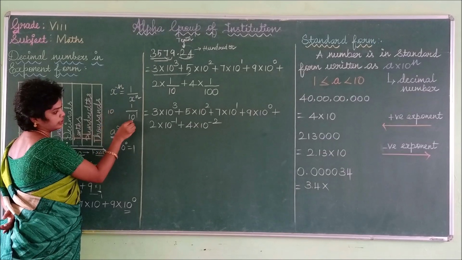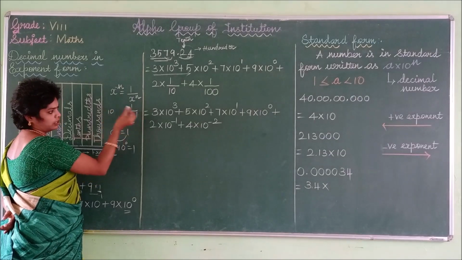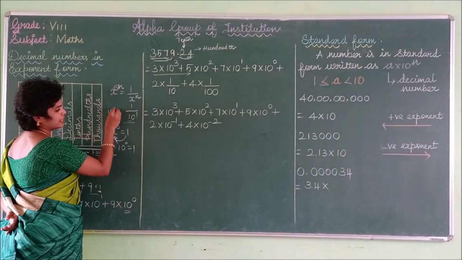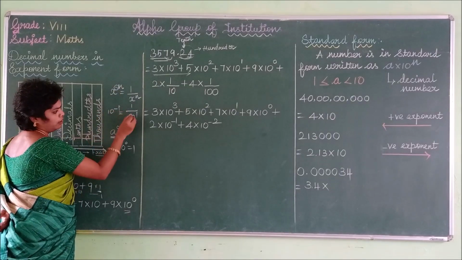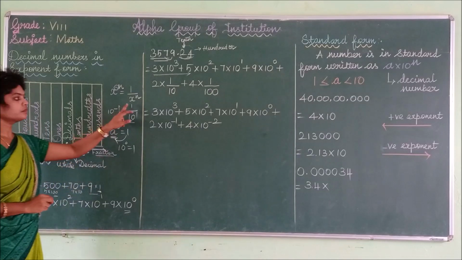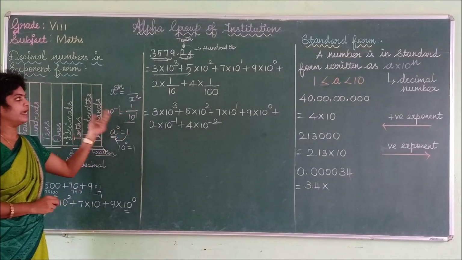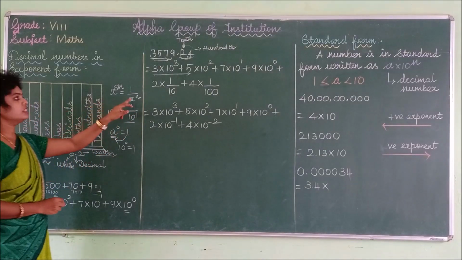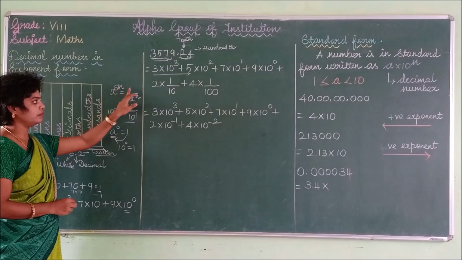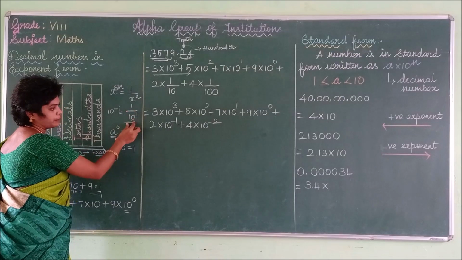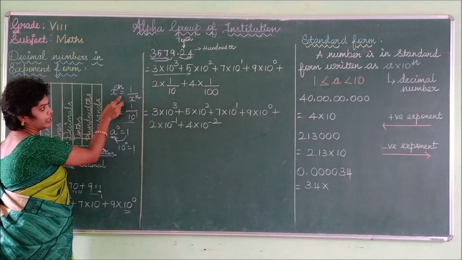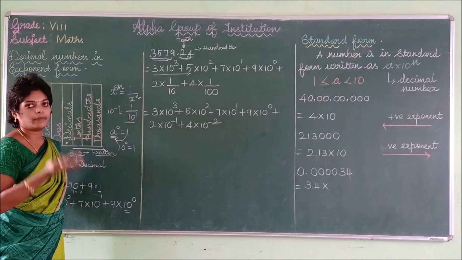Our x is 10 and the power is 1. So here we have to write it as negative: put a negative sign and put the power value as 1. Since it is in the form of 1 by x power n, we can change it as x power minus n.